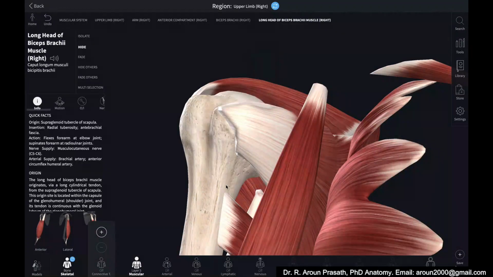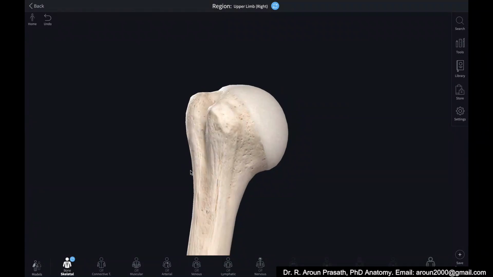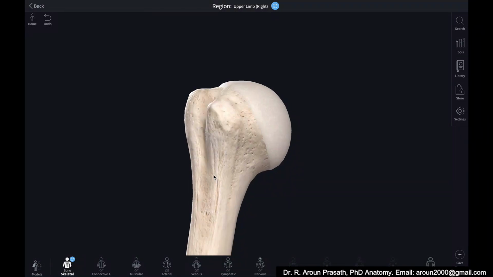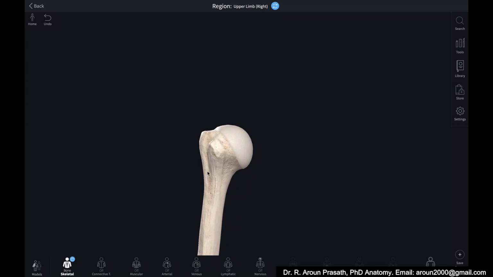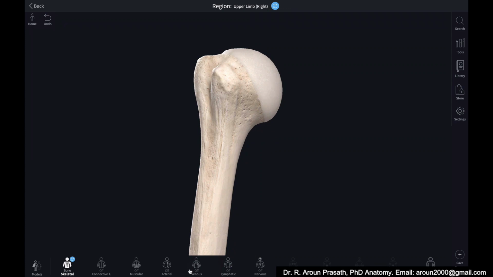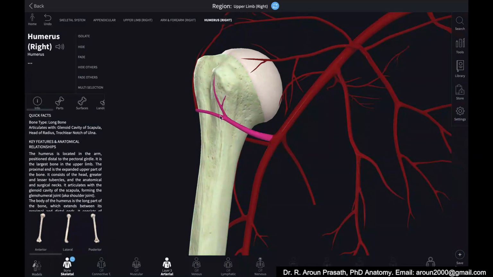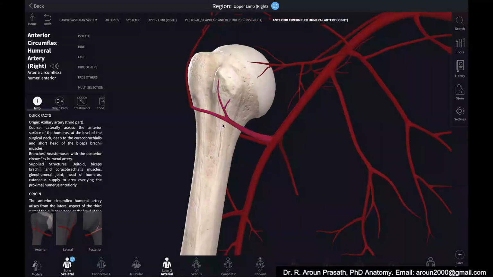So coming to the other parts, as I told you, this is the surgical neck of the humerus. The clinical importance of the surgical neck is the presence of the axillary nerve and the circumflex humeral artery, which coil around the surgical neck of the humerus.